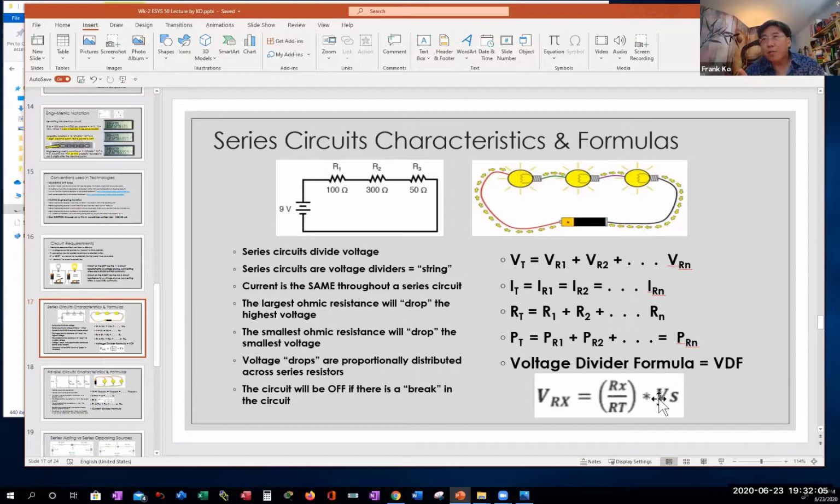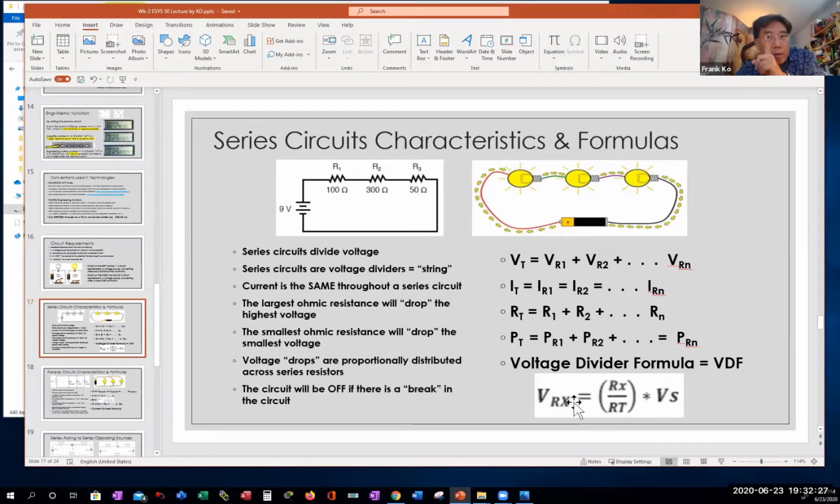What fraction of that 9 volts is going to be across that 100 ohms? So let's do this. I don't have it spelled out for you, but look at this formula. If we want the voltage across the first resistor, we're not going to use Ohm's law. We're going to use this fractional formula.